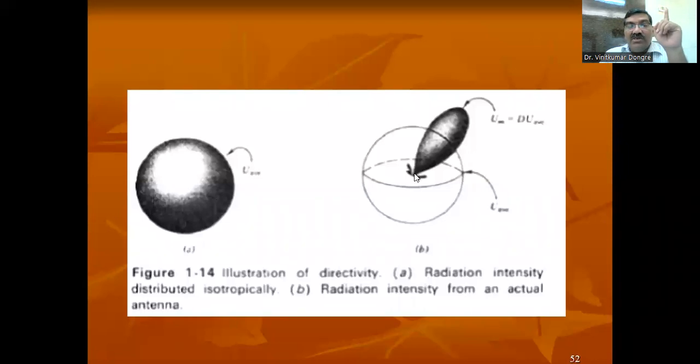Why? Because it is transmitting in a very short angle. So that's why the gain and directivity of this antenna is multiple times that of the isotropic source. This is the difference between your simple understanding of amplifier gain and antenna gain. Okay. This is the concept I want to highlight.